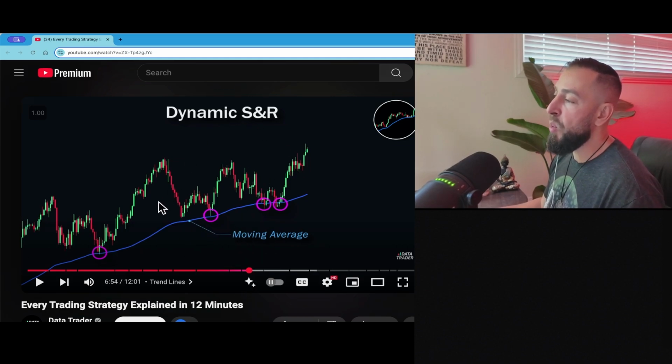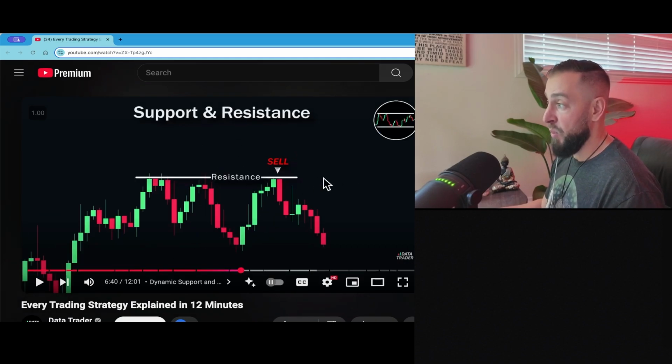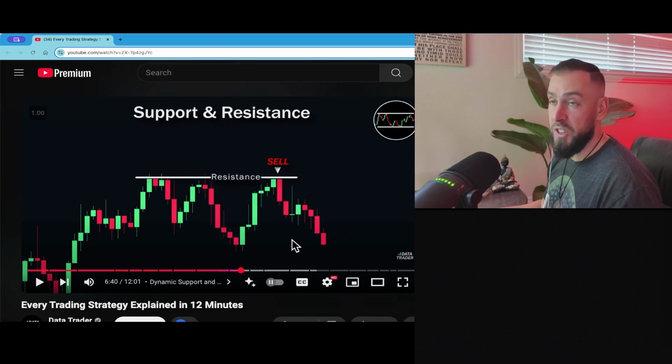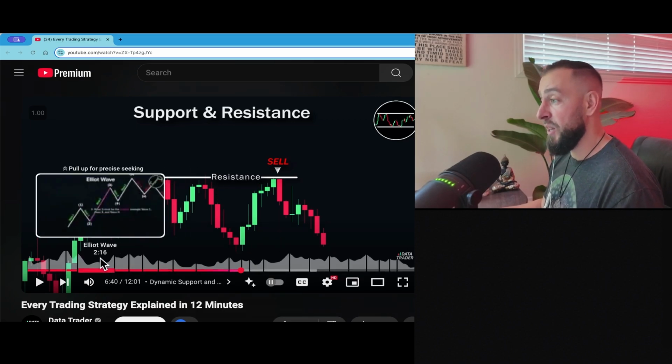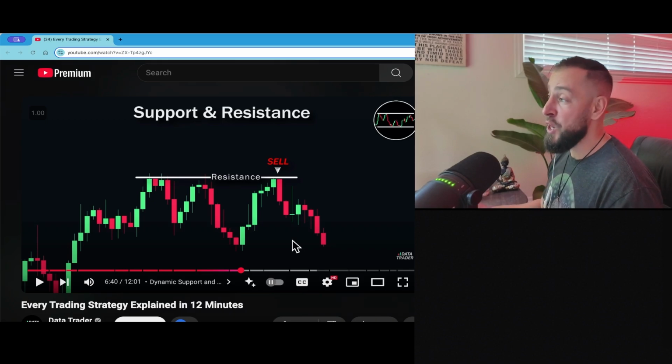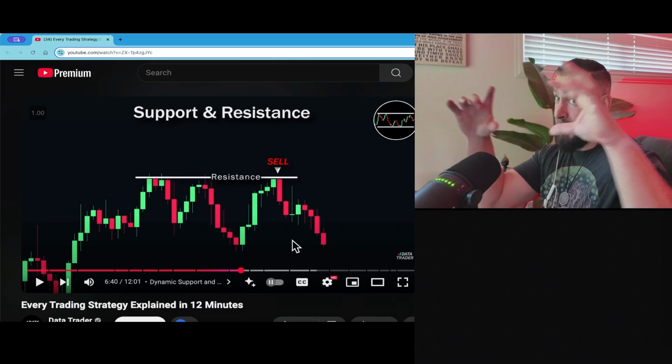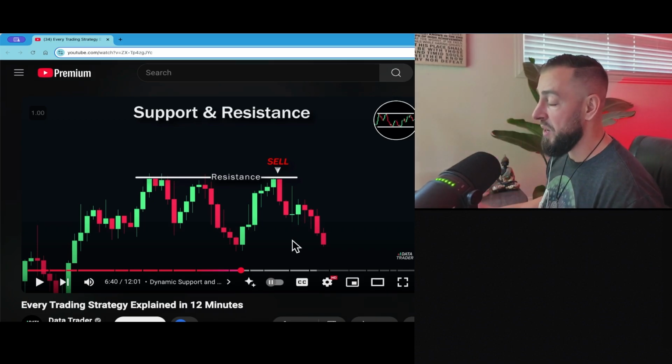I just want to point out that if you understand support and resistance, which we went over first, resistance would be at the top, support would be at the bottom. If you can understand that there are little clusters of areas where there were buyers and little clusters of areas where there were sellers, and you can start to identify those areas, knowing that they're areas, not just a line, but an area, that's a key and important point.